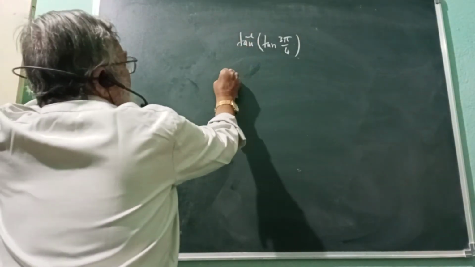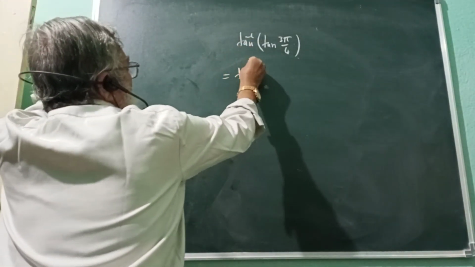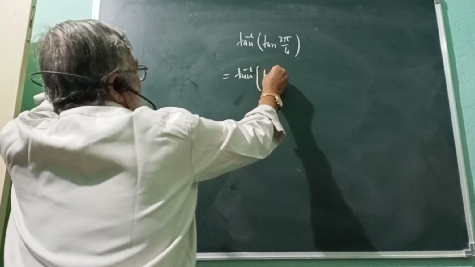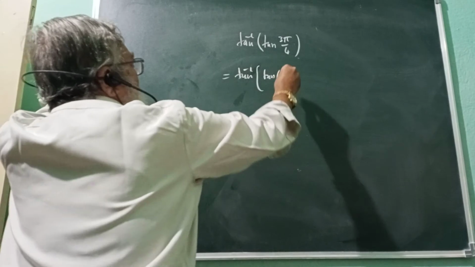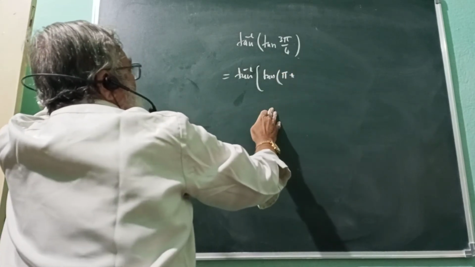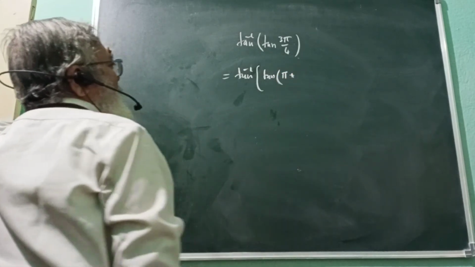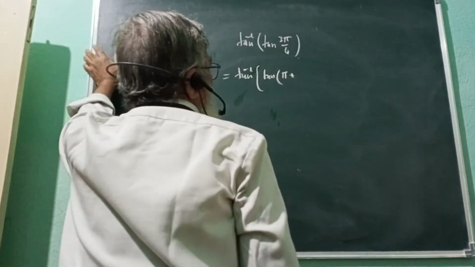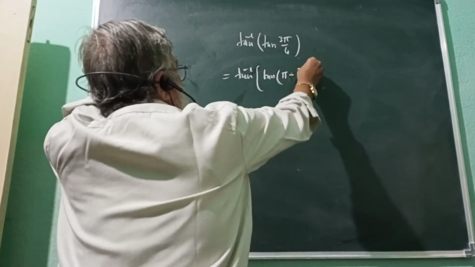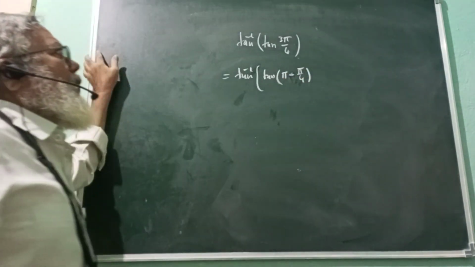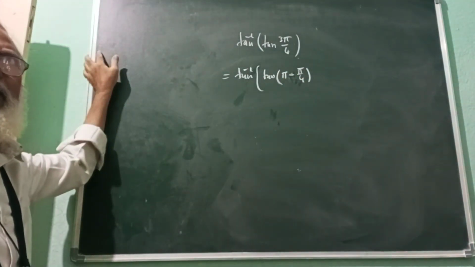That is tan inverse of tan of pi minus pi by 4, which is 3 pi by 4. Correct.